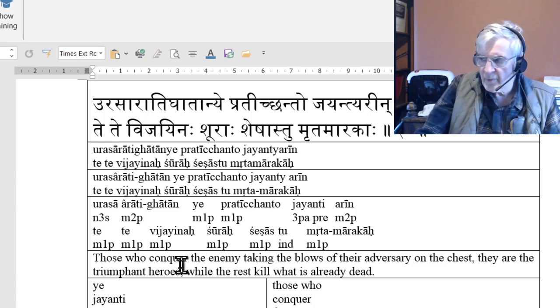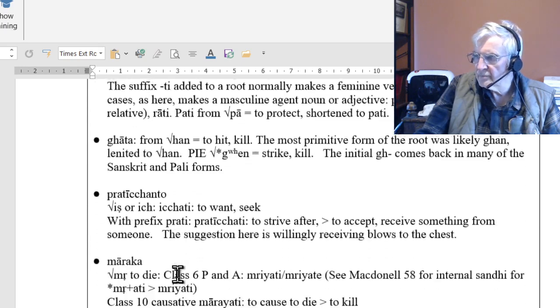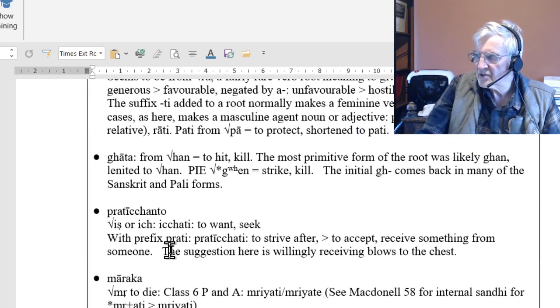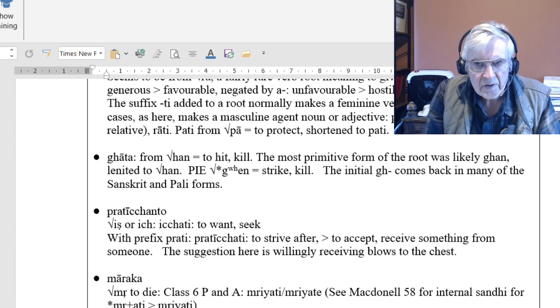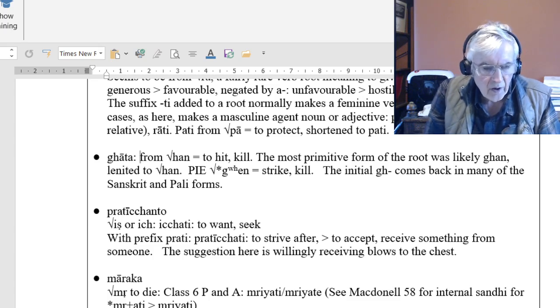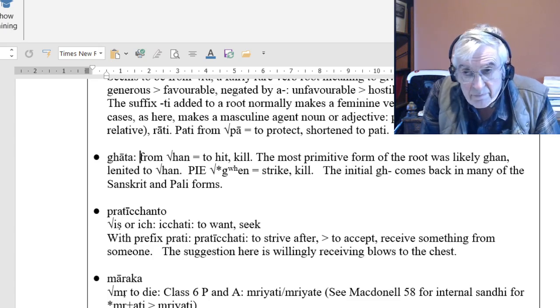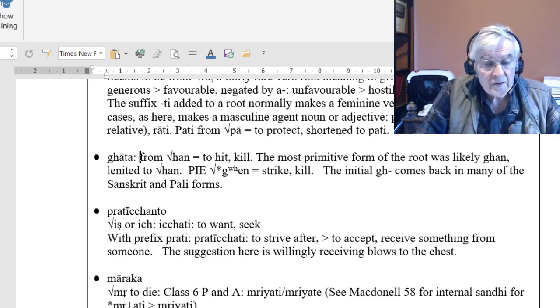Ghata, I've explained it below. Yes, I have. Ghata, it's our well-known root han, to hit or to kill. You'll often find where you'd expect an h, a g to come back in.